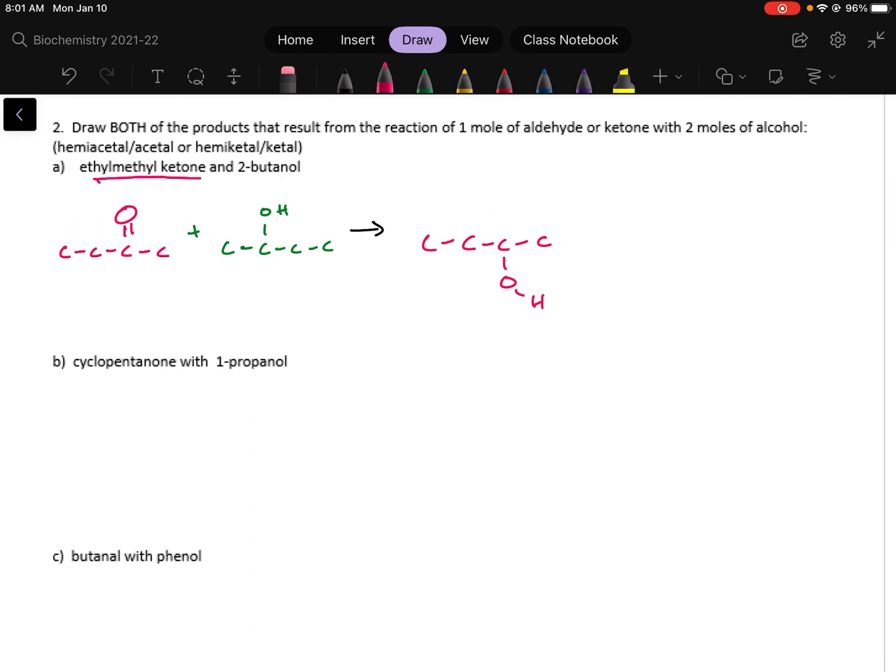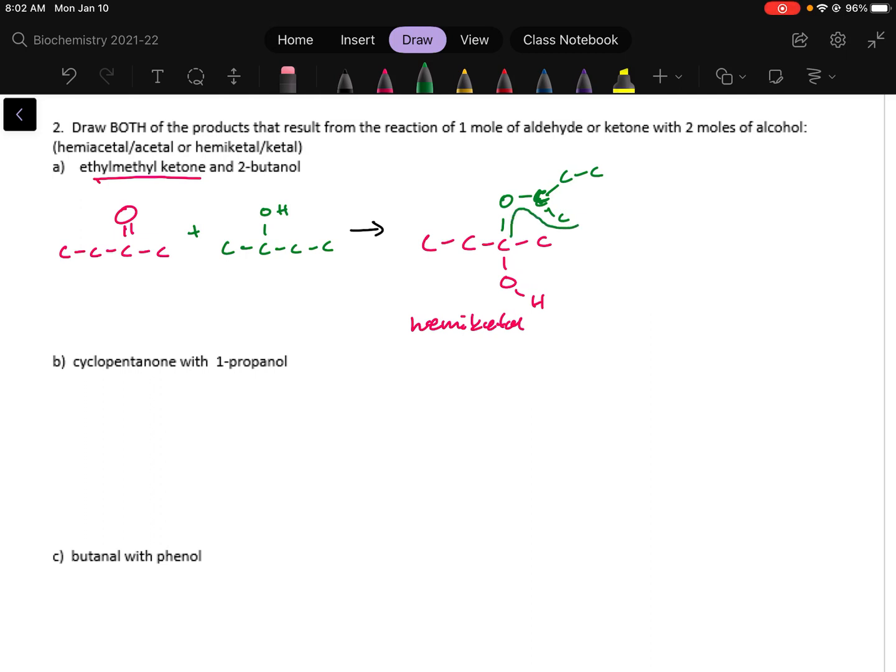Remember, a hemiketal will have an alcohol and an ether. Hopefully the color coding here helps things out. So here's where our ether is formed. And remember that oxygen has to be on that second carbon right there.